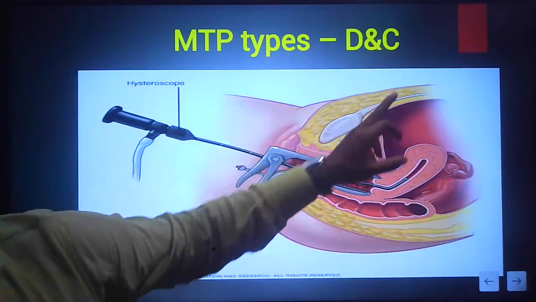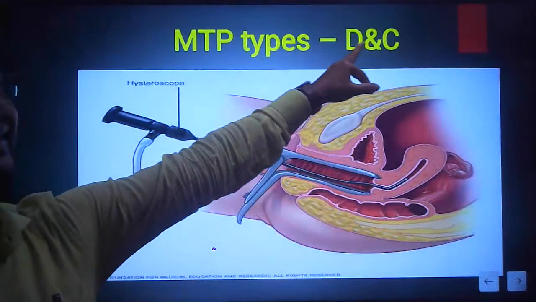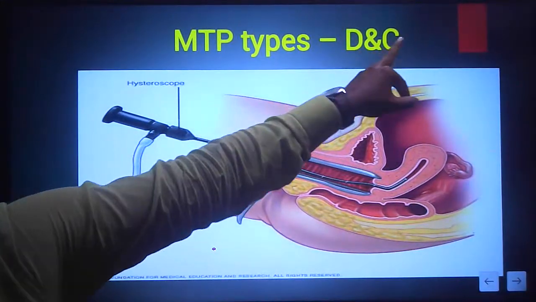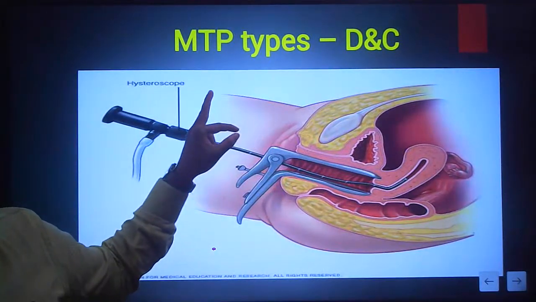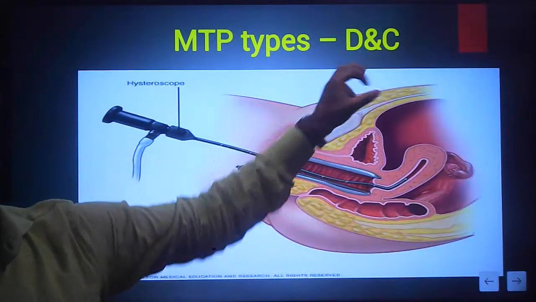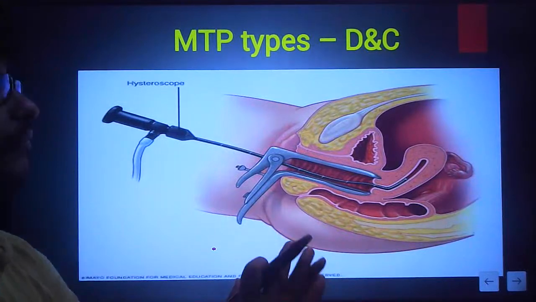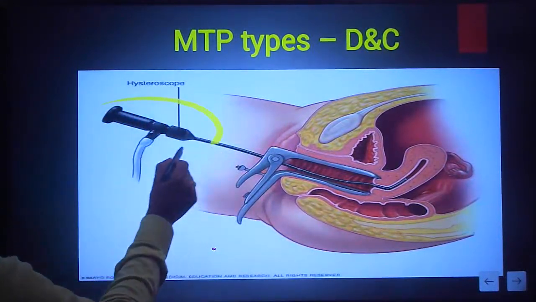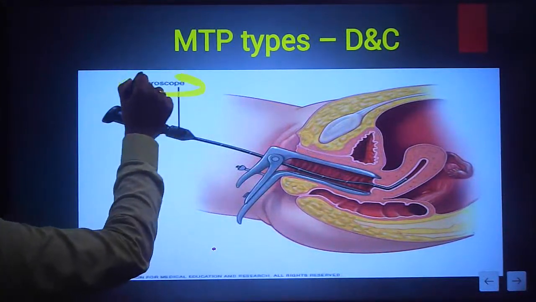Okay, fine. So DNC is dilation and curettage. DNC stands for dilation and curettage, where the cervix is dilated. Why do we call it D? Dilation means they're going to dilate the cervix. The instrument used to dilate, we call it the hysteroscope.